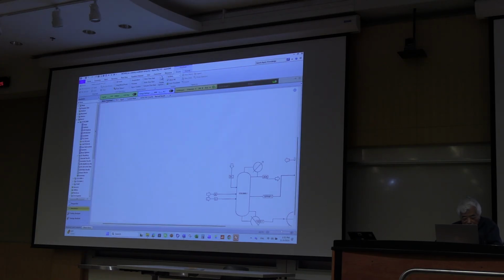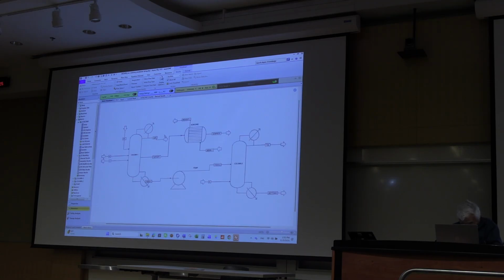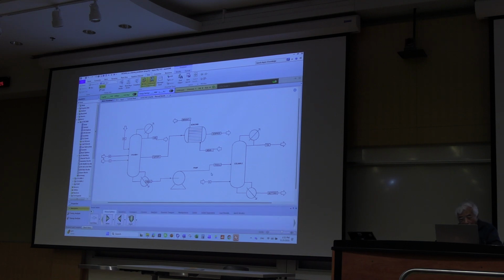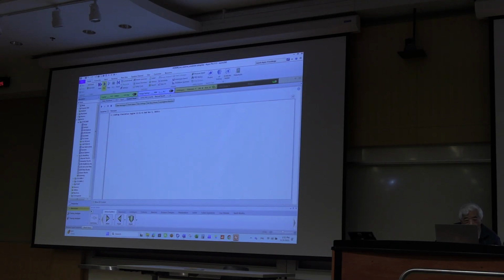Look at the flowsheet. View. The key to condenser sizing is, let me run this file first. Run.